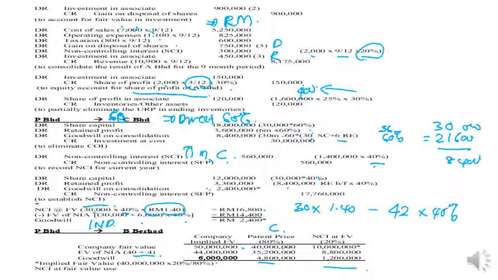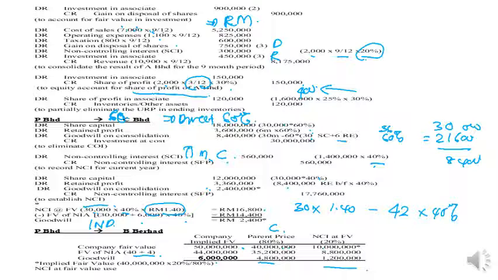The next one, you need to recognize the amount of income from that 9 months before the disposal. So debit for 9 months: revenue times 9, and operating expense also times 9 months. NCI here, gain on disposal of shares here is 750 from the disposal. Investment in associate, this one is from the disposal.